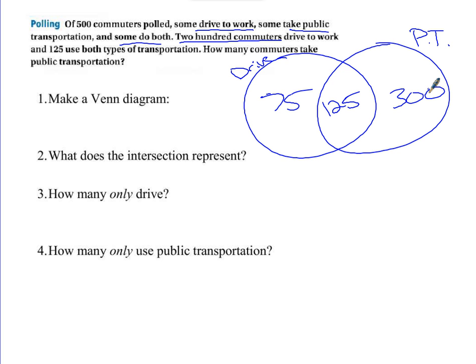So, what does the intersection represent? Where is the intersection? The stuff in the middle, 125. What does that represent? Number of people who do both.